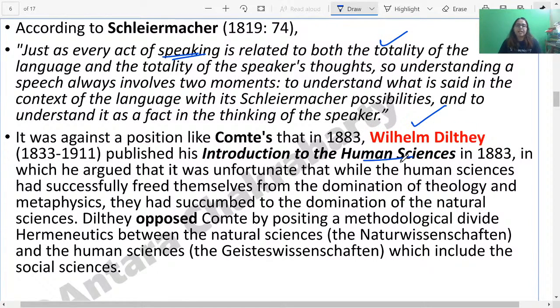Religion का जो हमारा influence है वो कम हो चुका है. But then why is natural science like biology, physics, chemistry still leading us? Why are we not able to come out of that? Why are we not able to make a science beyond these kind of natural sciences? Therefore, Dilthey completely opposes Auguste Comte. Auguste Comte के position के बिल्कुल against में जाके उन्होंने कहा कि हमें एक methodological divide create करना होगा.